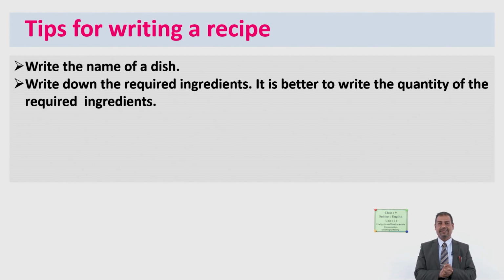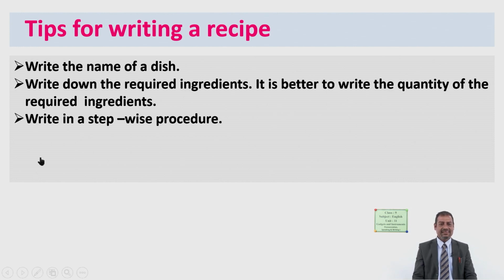So after it, what should we do? Can you tell me? Write in a stepwise procedure. Dear students, you have to be very careful here. While giving a recipe, you should be very careful to give the instructions in a proper order. So what should be done first, then secondly, then thirdly, otherwise we may spoil the food.